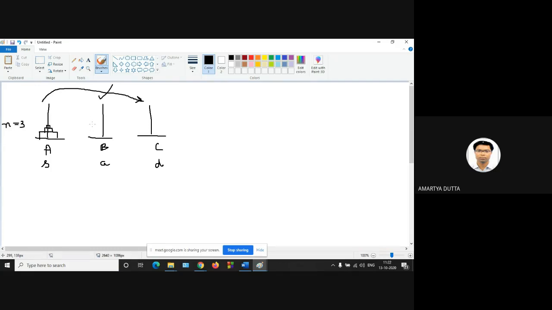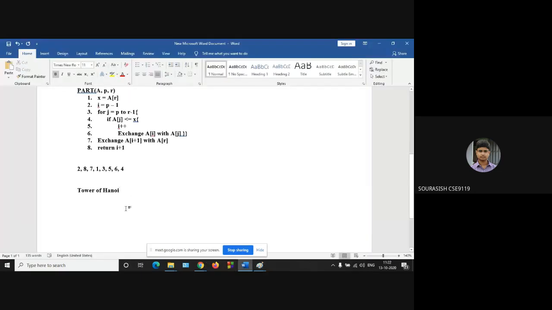So how can we solve this particular problem, Tower of Hanoi problem? Any idea? Maybe using recursion. So first of all, let there be a move function.